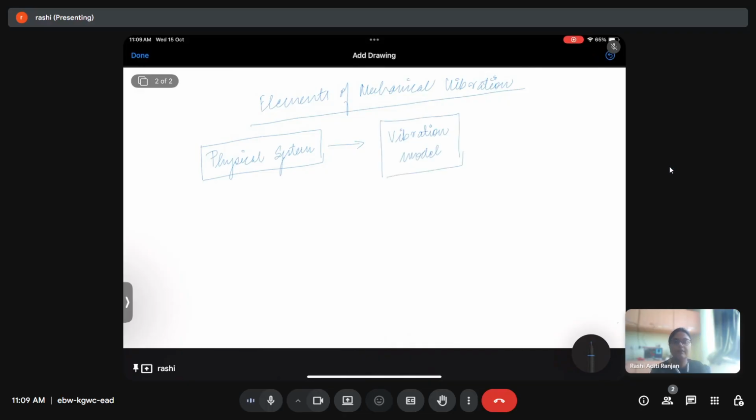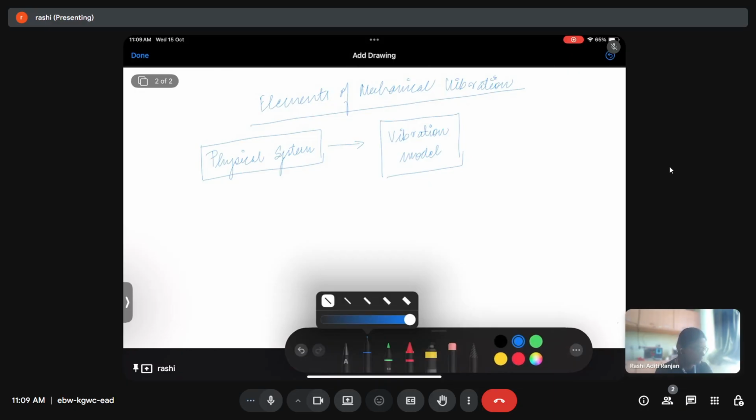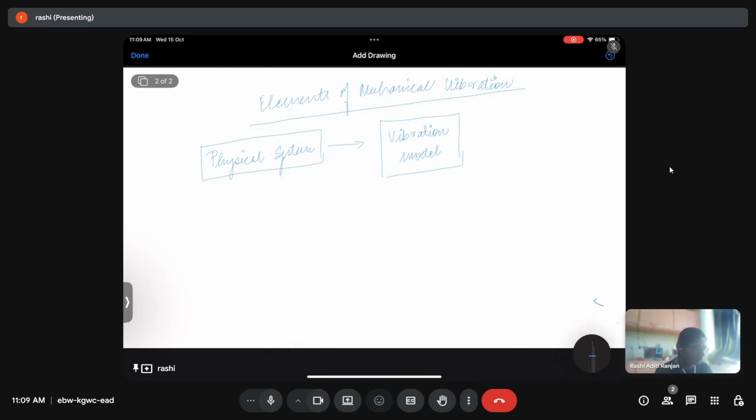We create a vibration model for it, right? Now, when we create a vibration model, what do we get?